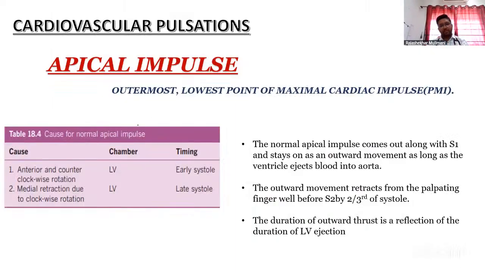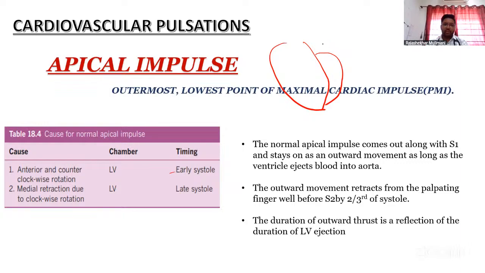So why does it produce? It is produced due to a counterclockwise rotation of the left ventricle during early systole. If this is the right ventricle and this is the left ventricle, I have shown the right ventricle bigger because the left ventricle is situated more posteriorly, whereas the right ventricle is situated more anteriorly.